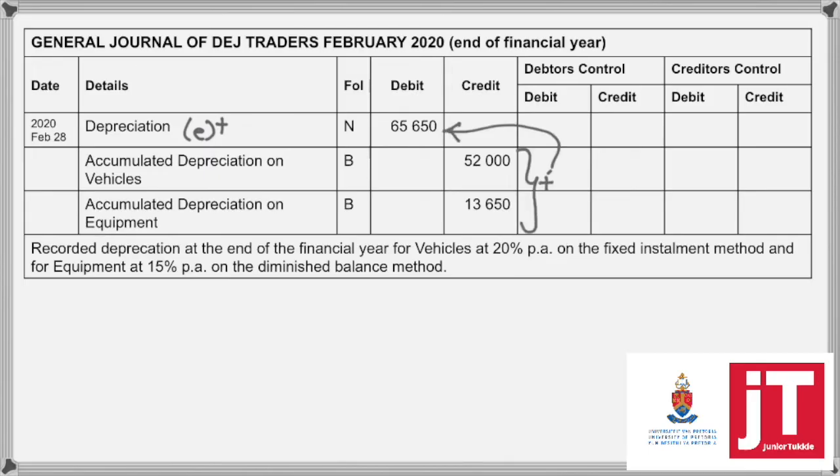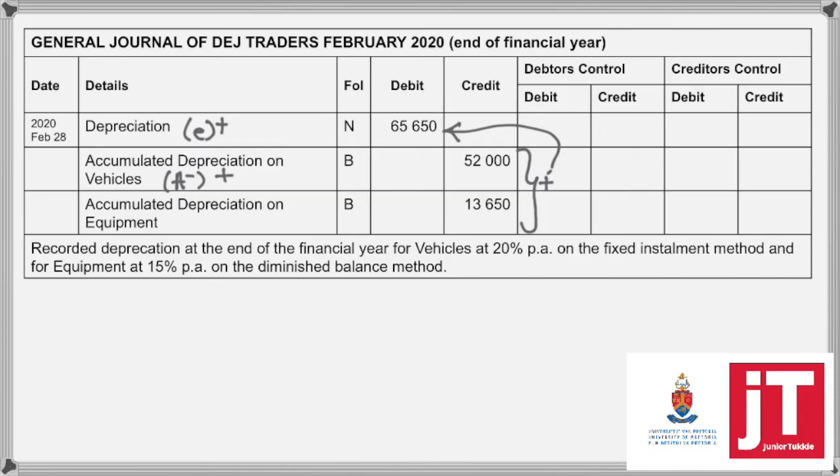Oh, before we continue there, remember that this depreciation records the loss in value for all assets. So I have to take the 52,000 plus the 13,650 to get the total loss in value for depreciation, 65,650. And then our accumulated depreciation on vehicles only records the vehicle part of 52,000.